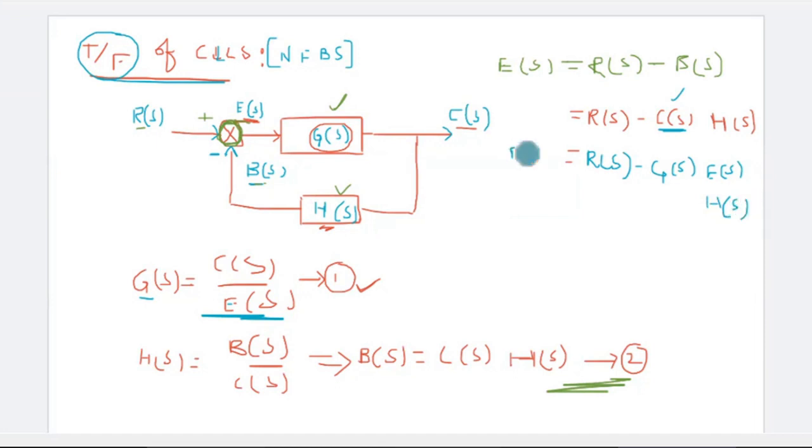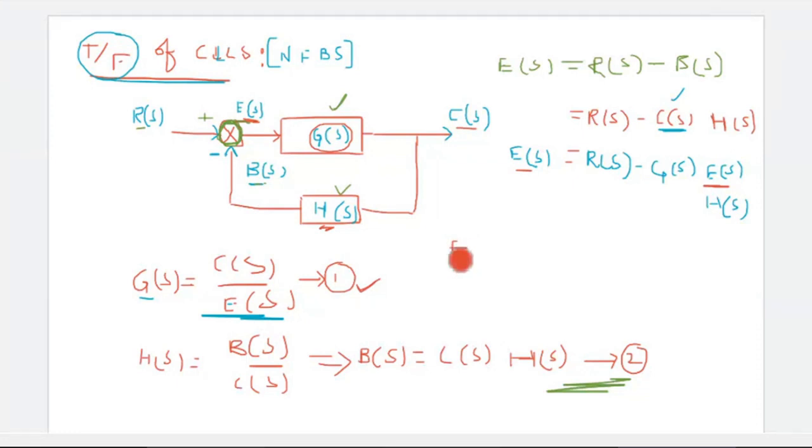Okay, this is the E of S. In this equation, in the left hand side and also in the right hand side, we are having the term E of S, right? Here this is the E of S, and in this also we are having E of S. So take E of S as the common.